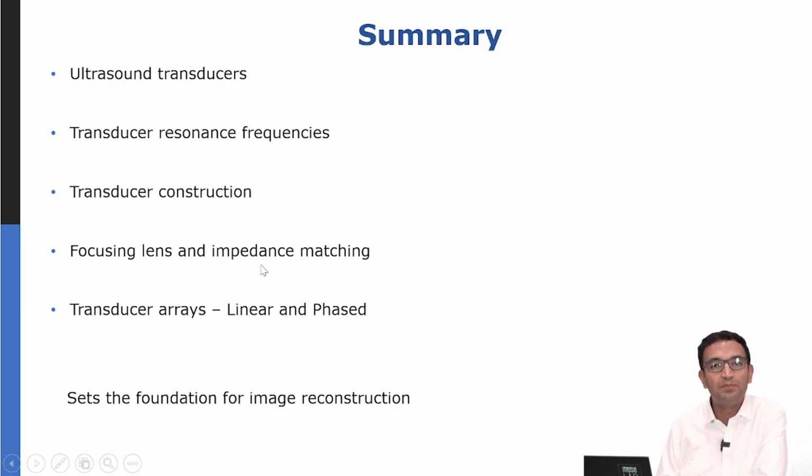We also discussed impedance matching, why impedance matching is important for better coupling so that there is better energy transfer between the crystal and the tissue. We also discussed transducer arrays, both linear and phased arrays, including curvilinear arrays.